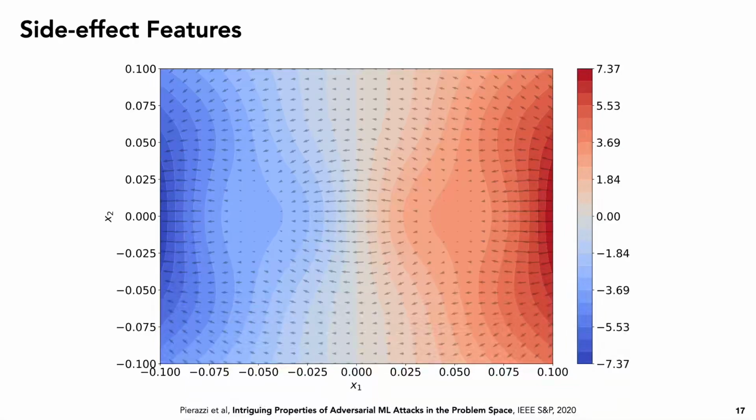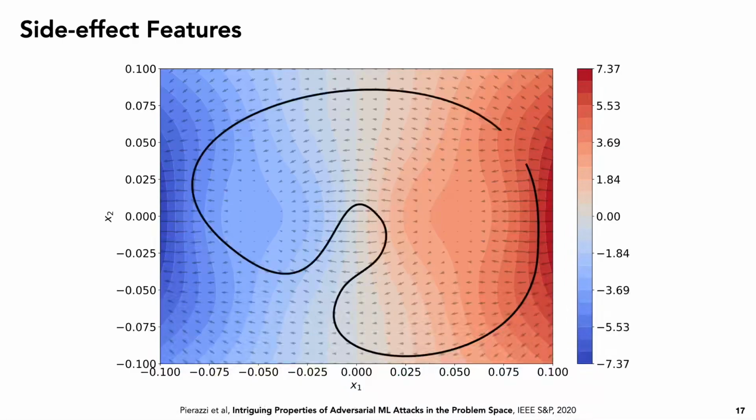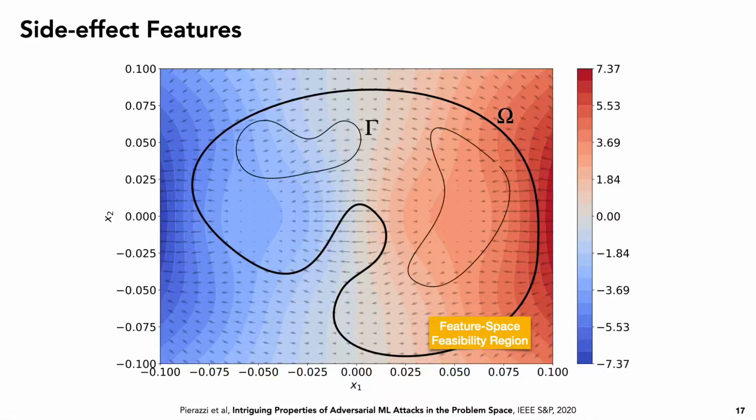Let's say we define a feature space constraint that we can only add features because we're worried about removing something important. So that would induce a feature space feasibility region, and only in this region could we find valid adversarial objects. Then there are the smaller problem space feasibility regions determined by the problem space constraints. For example, we might want to preserve the malicious semantics and be robust to preprocessing.